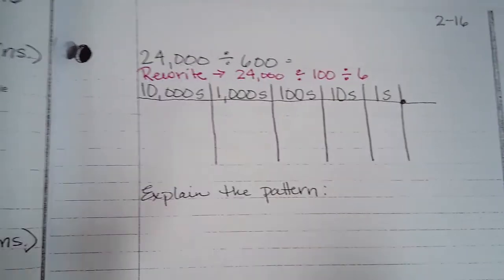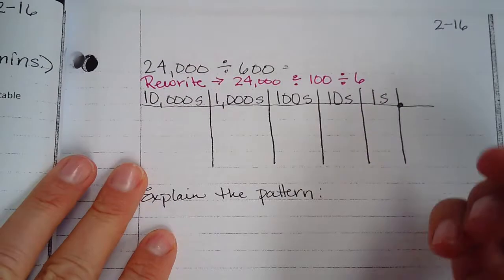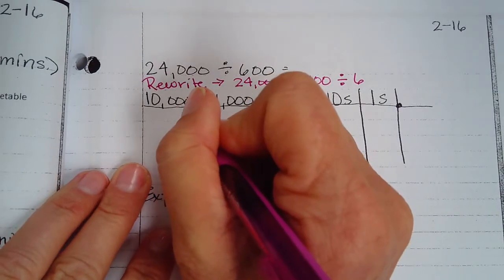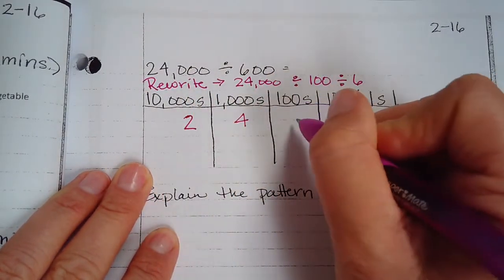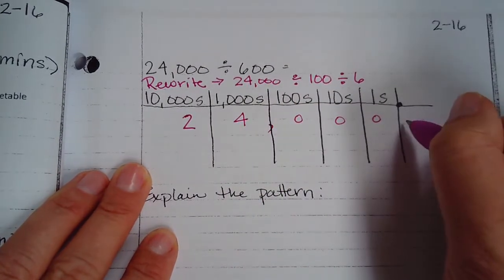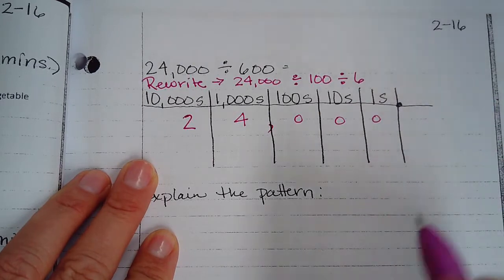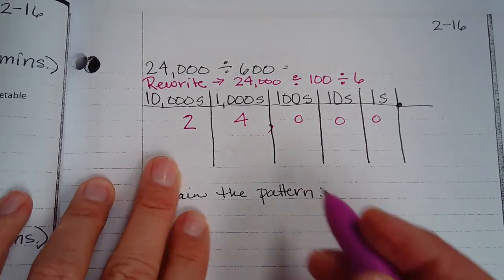Okay, that's another way. We're multiplying, dividing. Remember, you can expand it and you can condense it. So let's write this in. 24,000. And let's divide by 100 and then divide by 6.